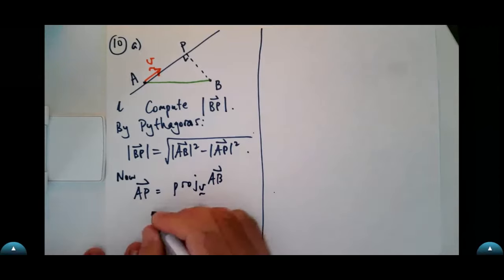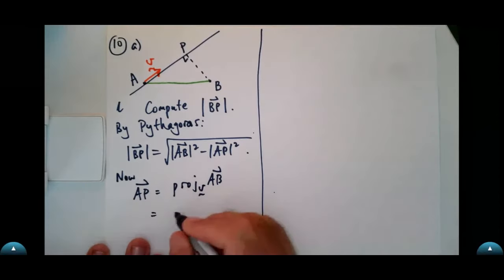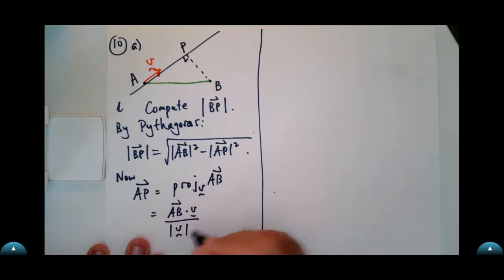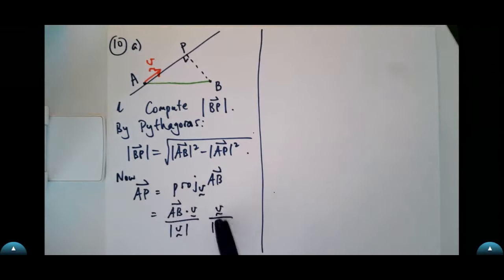And if you were to write that out in terms of dot products and lengths and stuff, it's this times a unit vector in the direction of V. Now, I'm sort of breaking the rules there by dividing, but this is just the vector multiplied by 1 on its length.